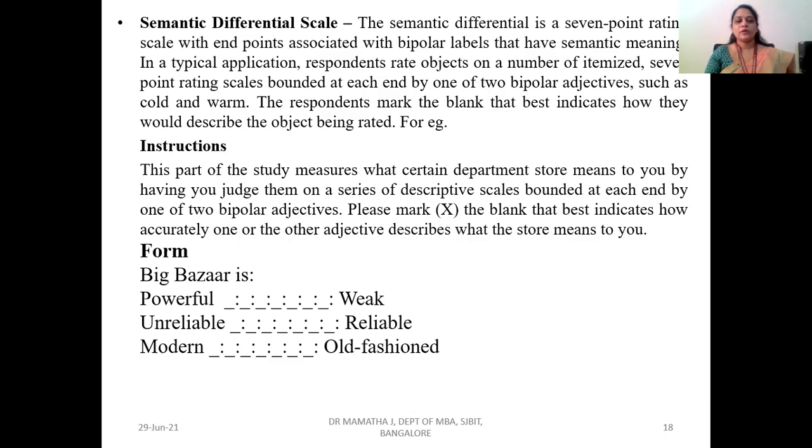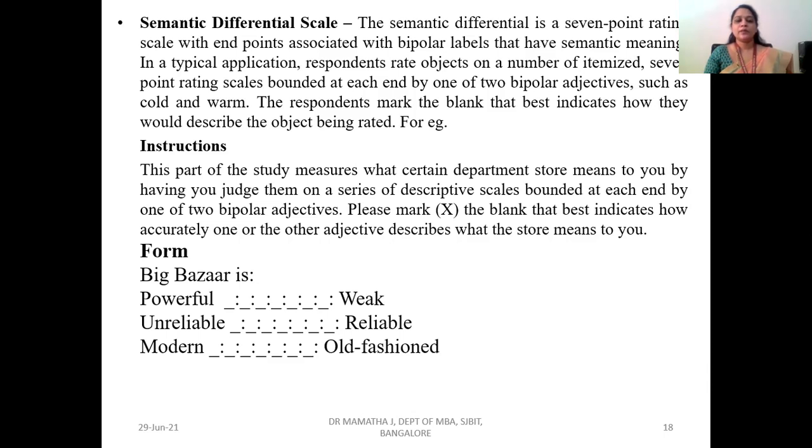which means to you. Okay, so in the form, for example, if you have taken Big Bazaar as a store which you want to do a study on, you can have a number of items, and for each item you can have two bipolar adjectives, two extreme ends. Okay? If you say powerful, the other extreme would be weak.